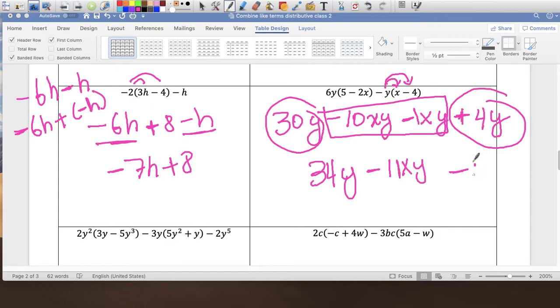Again, and you should be tired of me saying this. This pen's driving me nuts. Oh my God, pen. Okay, that's what I want for Christmas. I have my wife to buy me. I'm just trying to write negative 10xy minus 1xy. Oh my God.